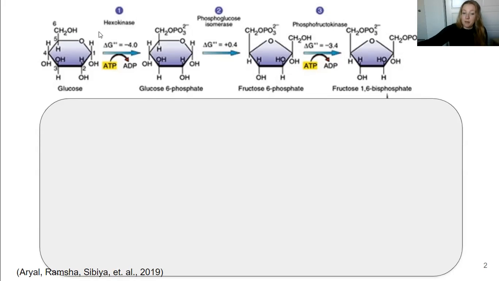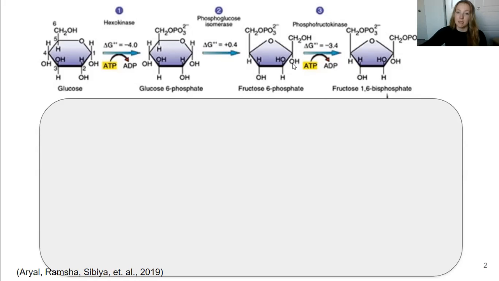This first step is glucose 6-phosphate, with the 6th carbon of the glucose acquiring the phosphate group.